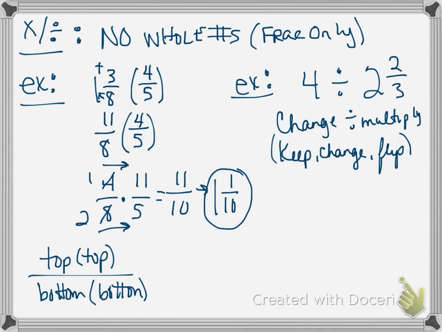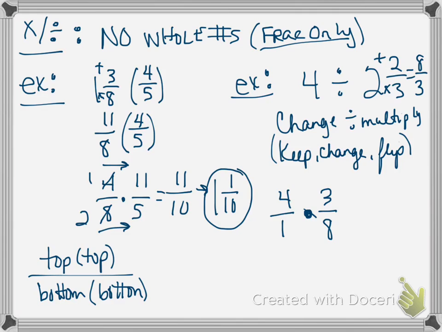So the 4, how do we make a whole number into a fraction? We put a 1 underneath it. We're going to change the divide to a multiply. Now, before we can flip the 2 2/3, we're going to have to change that, because remember, fractions only. 2 times 3 is 6 plus 2. This is 8/3. We need to flip that. Remember, that is called a reciprocal.